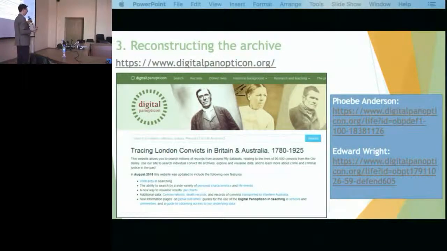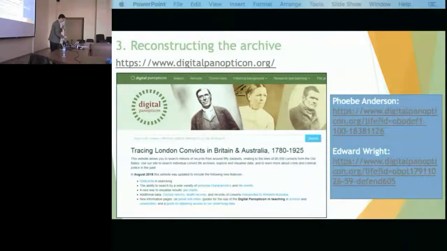To break the archive down into component parts, atomize it if you like, and then reassemble that archive in a way that we choose, that's not dictated by an archivist or by the people that created the record at the time, but fundamentally based on what I'm interested in, what my research question is.